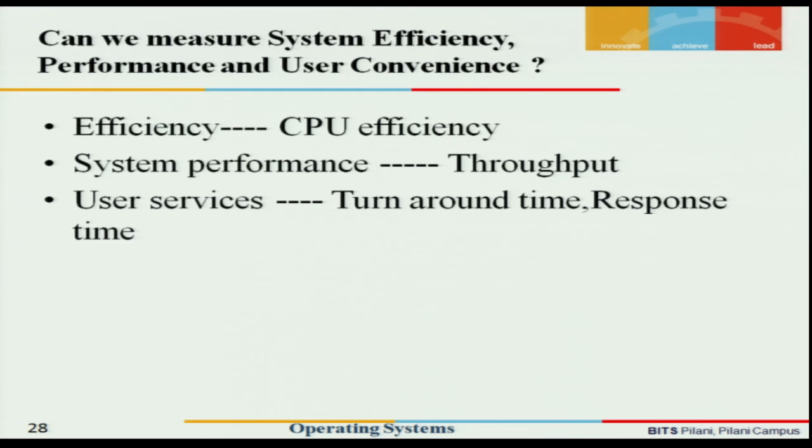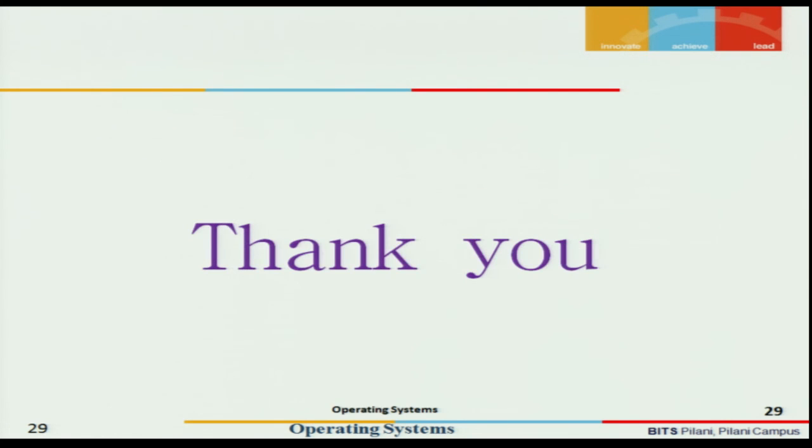User convenience can be measured with the help of turnaround time, which is the time taken from when the user submits the program to when he receives the results. So there are metrics using which performance can be measured. Thank you.